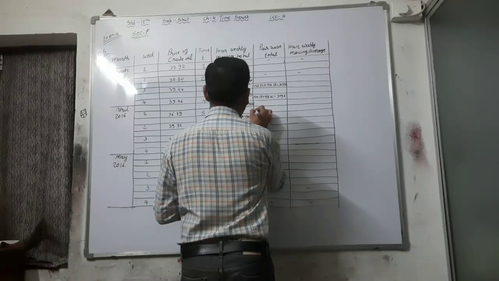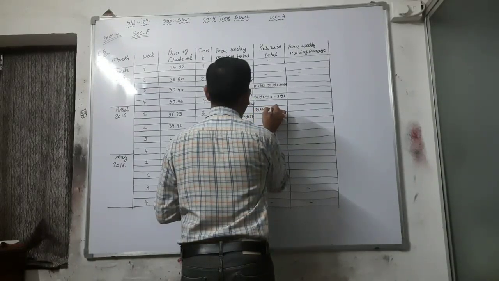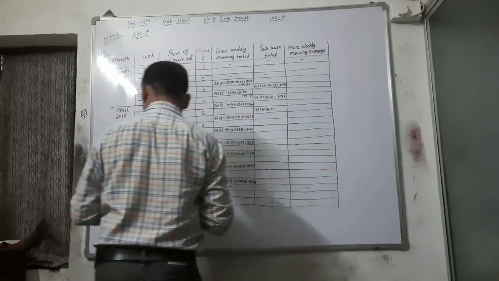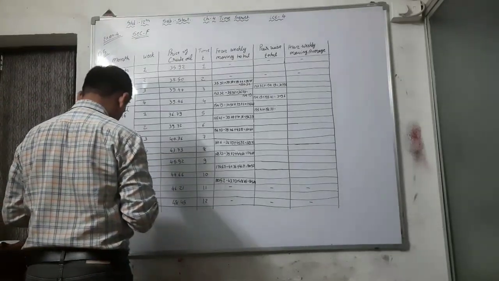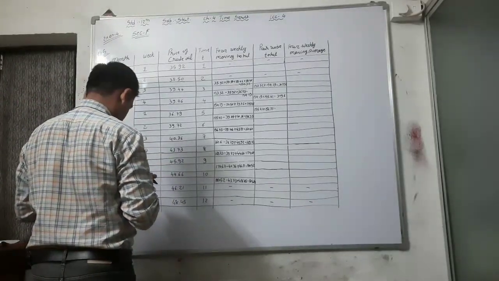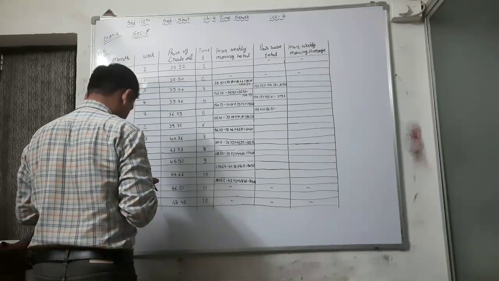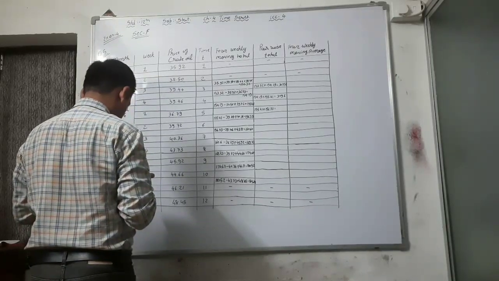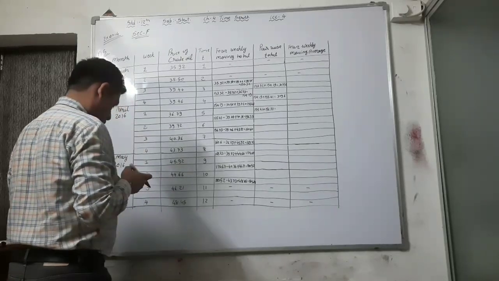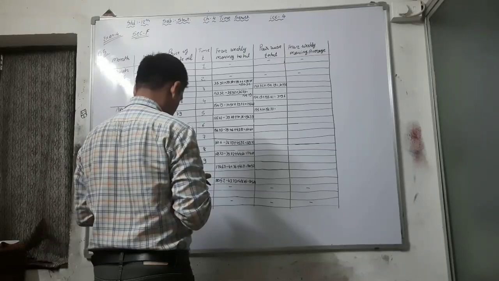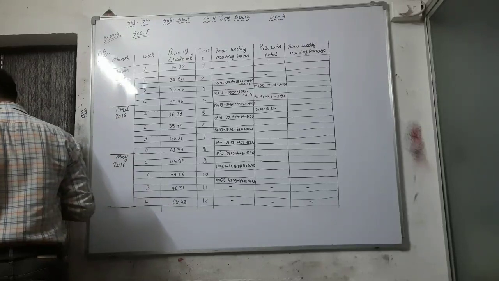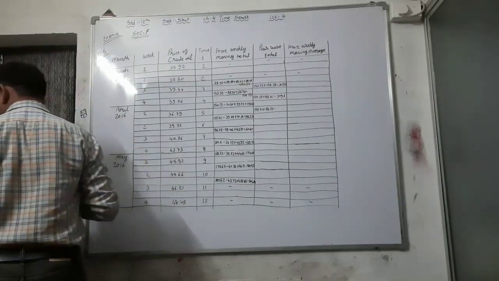Then 155.41 plus 156.33, that is $311.74.